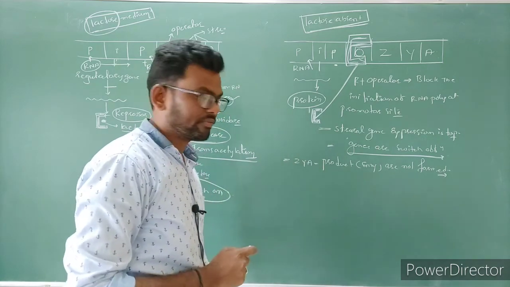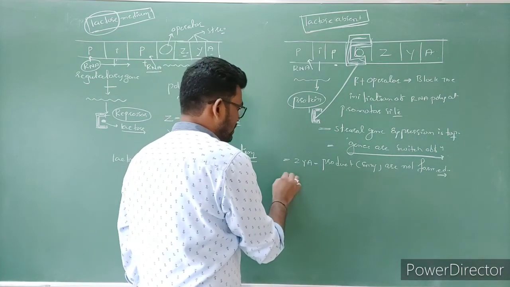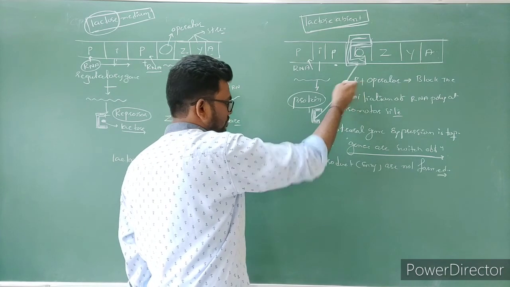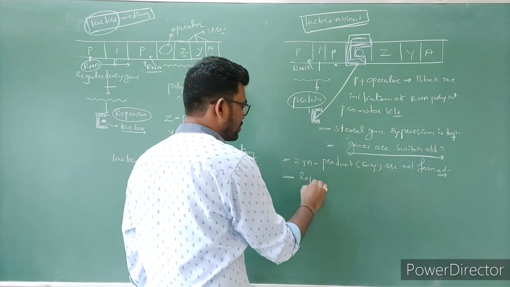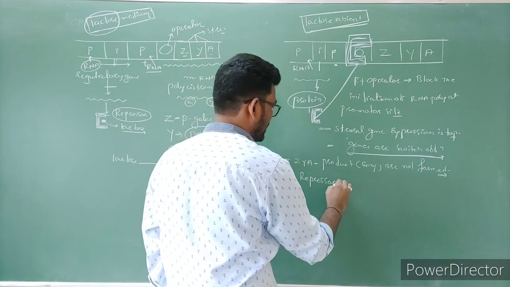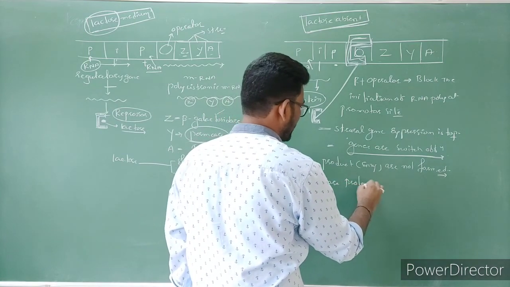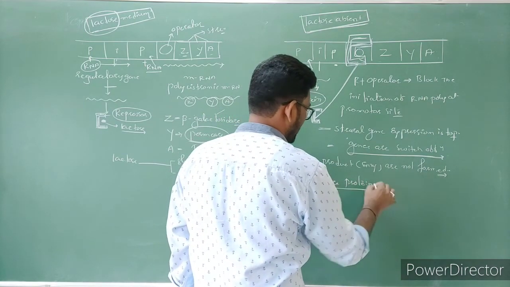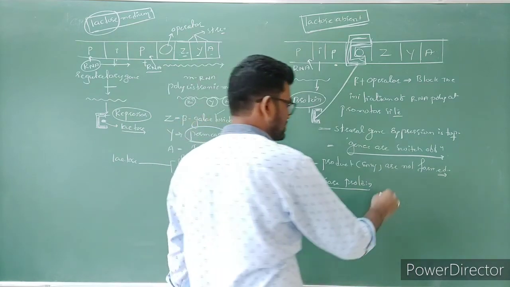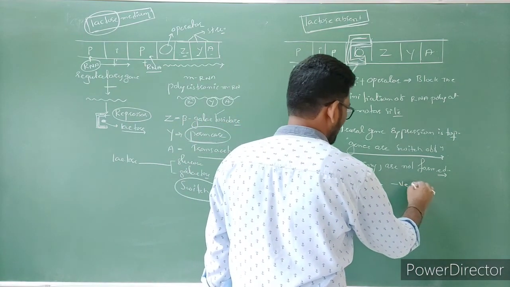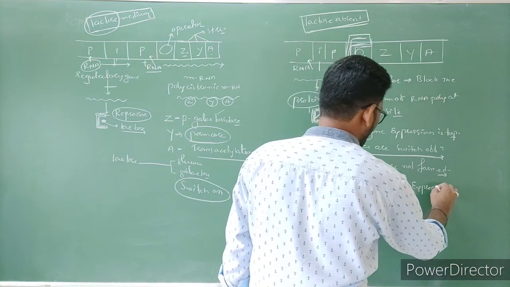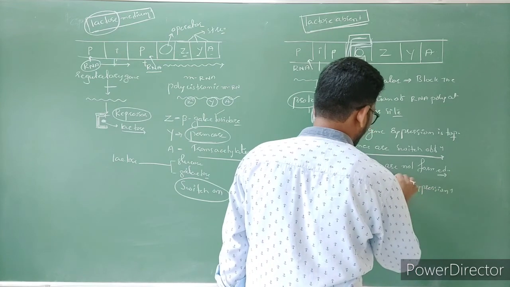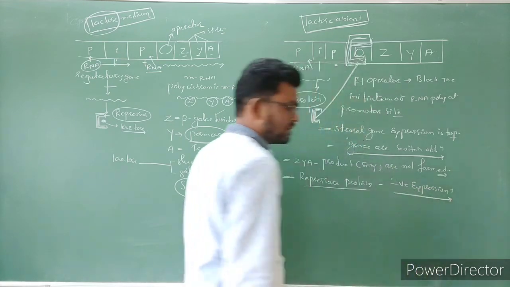Next, here the regulation of the gene is with the help of a repressor protein, right? So we can say it is negative regulation.